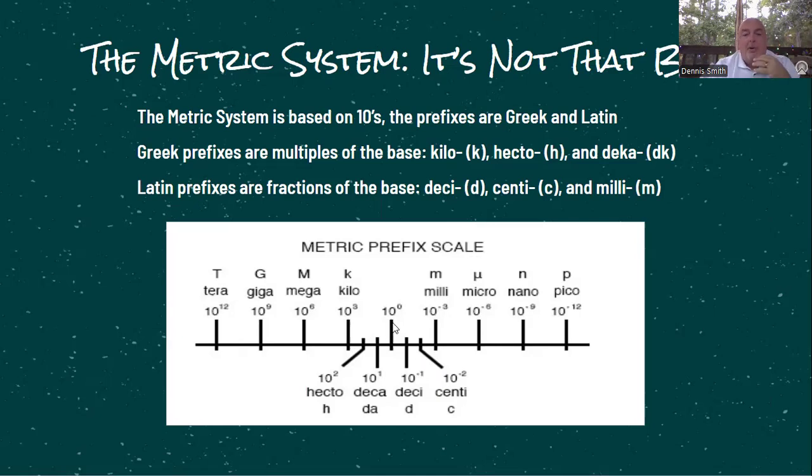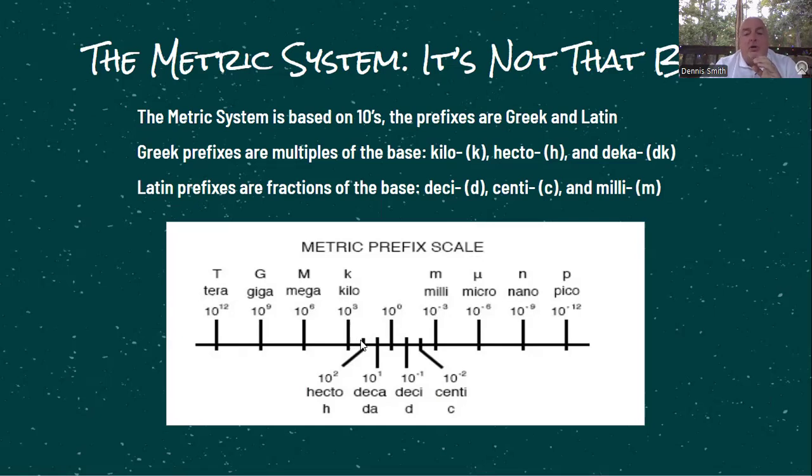All right, but if you're going the other way, starting at the base and you want to go into the larger scale measurements, so decameters. If it's 7 meters, it's going to be 0.7 decameters. You're moving to the left, so you move the decimal to the left.